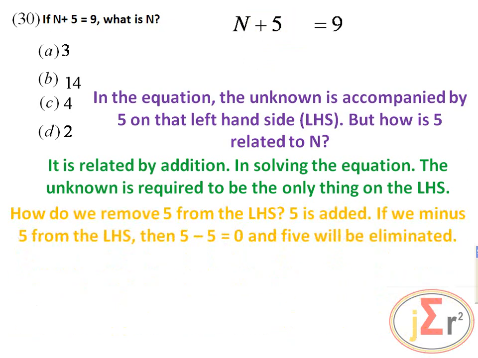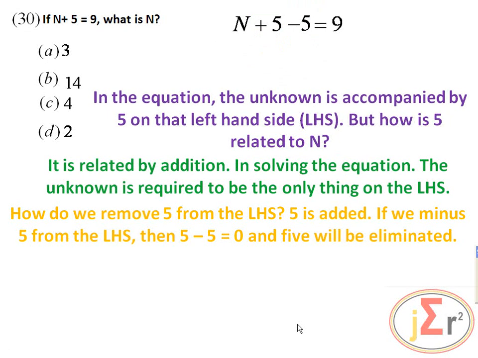How do we remove 5 from the left hand side? If 5 is added, if we minus 5 from the left hand side, then 5 minus 5 is equal to 0, and the 5 will be eliminated. So the 5 is gone.